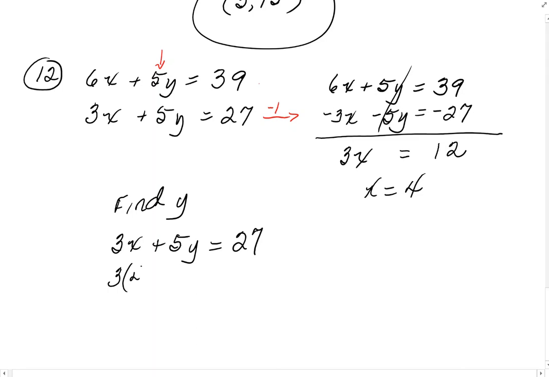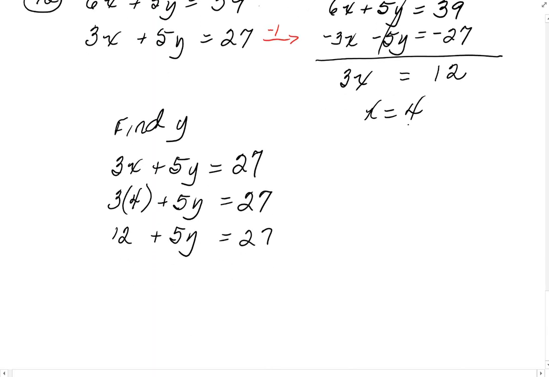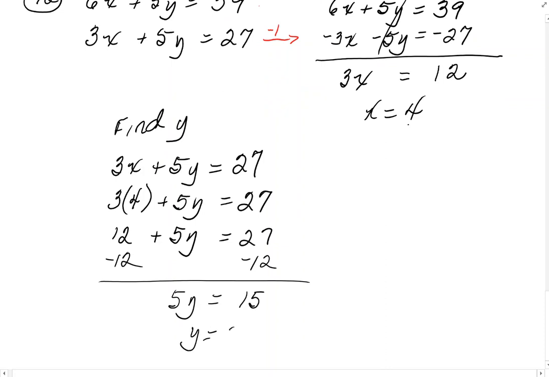So that's 3 times 4, that's the value of x right over here, plus 5y is 27. 12 plus 5y is 27. Subtract the 12. I have 5y is equal to 15, which means y is 3. We have an ordered pair of 4, 3.